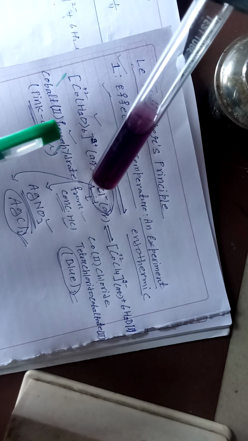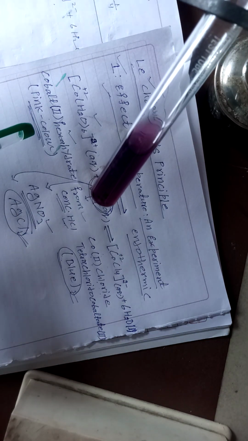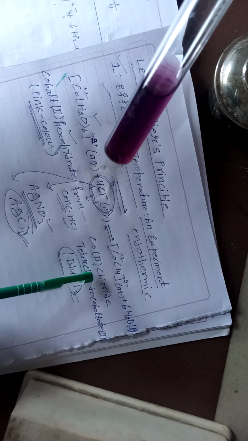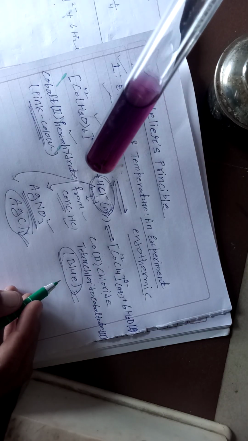So why does the color turn from pink to blue? Because cobalt(II) chloride hexahydrate, when it reacts with concentrated HCl, gives cobalt(II) chloride, and its color is blue.